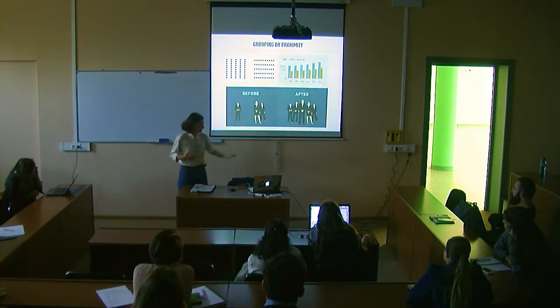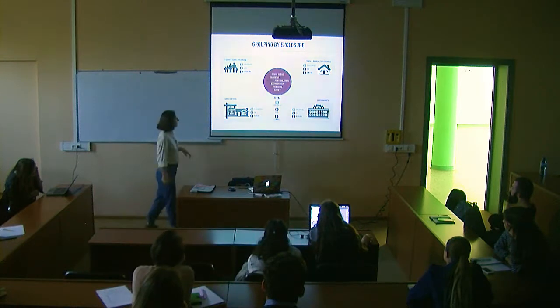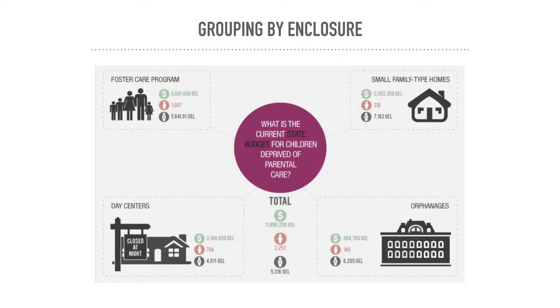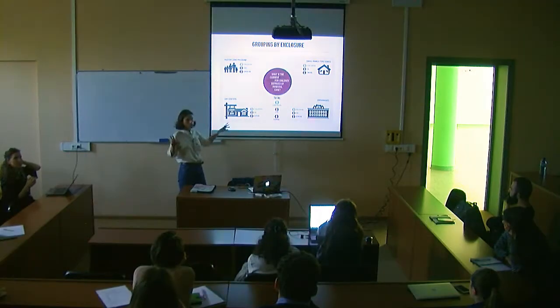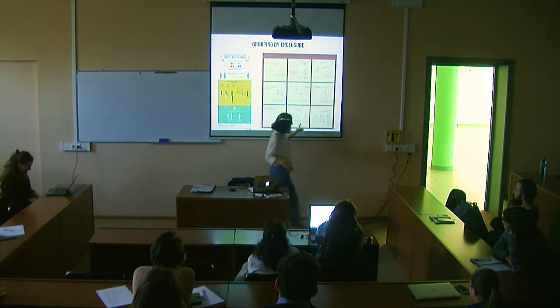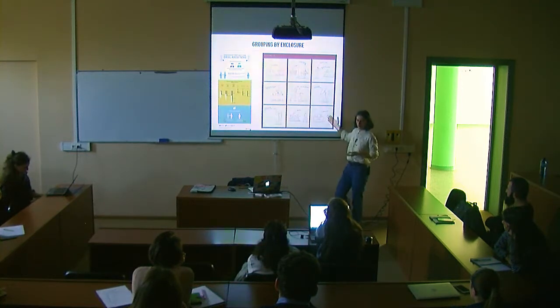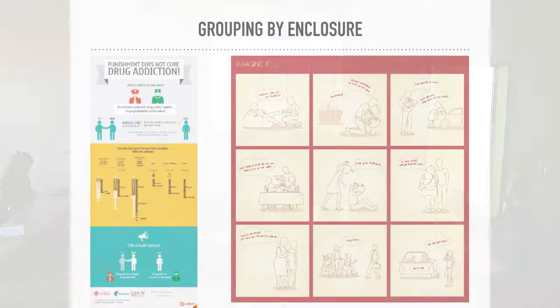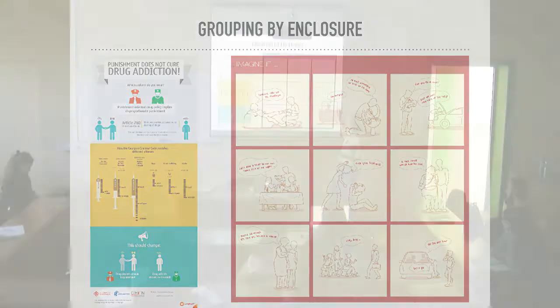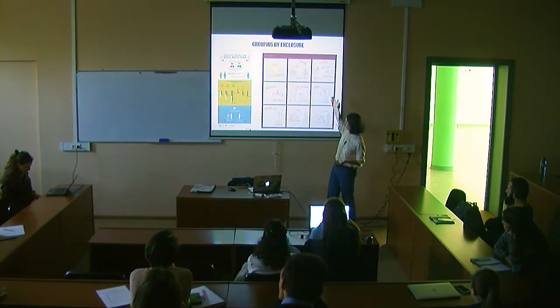And what about enclosure? How do we use it? For example, in this infographic, we had 4 blocks, and we grouped information in one group together with this enclosing border. Another example is to create backgrounds for the grouped objects and create a feeling that they are together, and we can quickly understand that there are 9 different blocks.